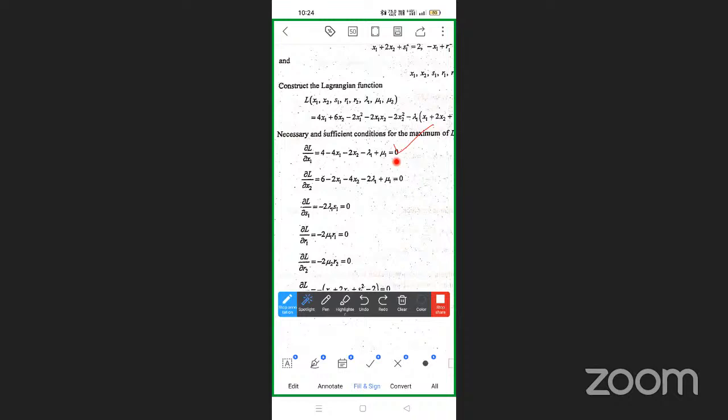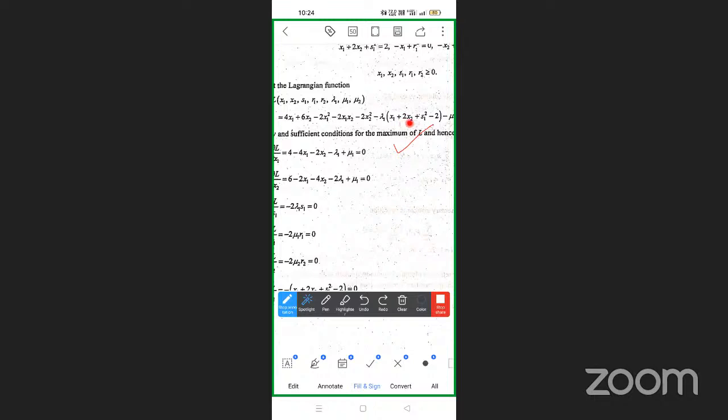Next, differentiation with respect to the second variable x2. So dou L by dou x2. x1 there is 0, 6 into x2, so that is 6. Next, minus 2x1x2: x2 differentiation is 1, so minus 2x1. Next, here 4x2, so that is minus 4x2. Next, x2 differentiation is 1, so minus 2 lambda 1.